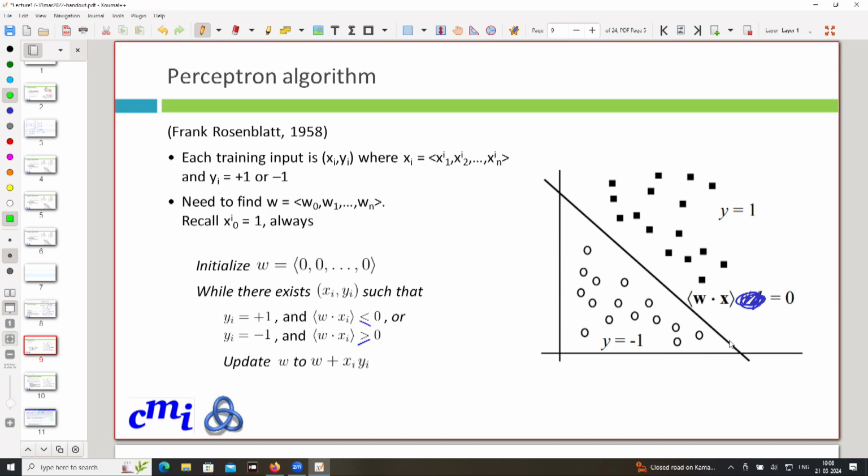So for positive samples which are misclassified, w will become w plus x. For a negative misclassified sample, it becomes w minus x. This is how you change w for a misclassified sample. And you keep doing this over and over again until everything is correctly classified. So this keeps running in a loop.